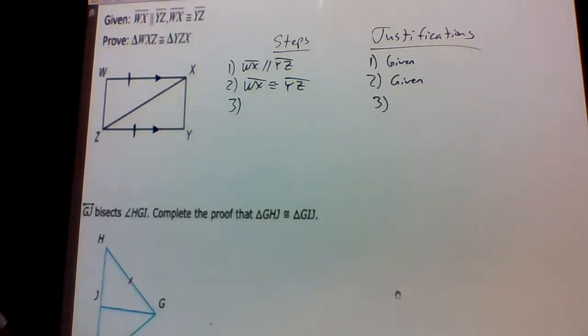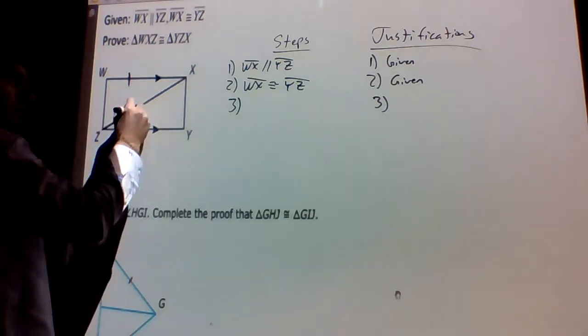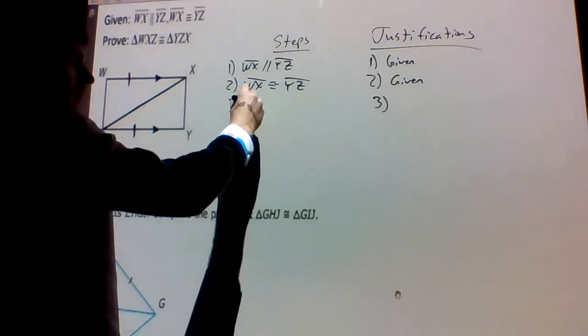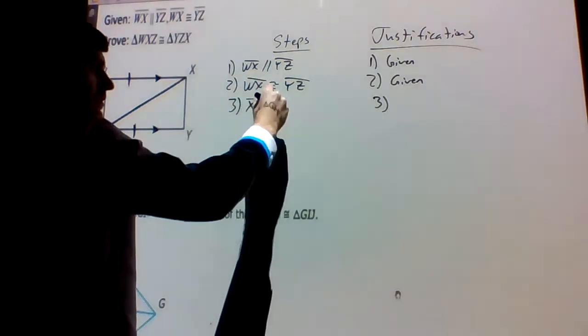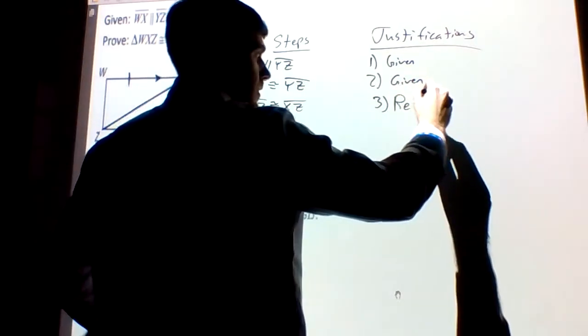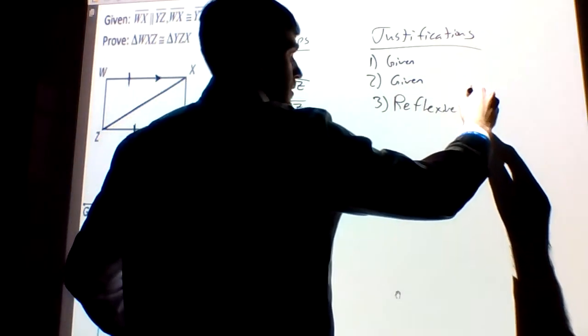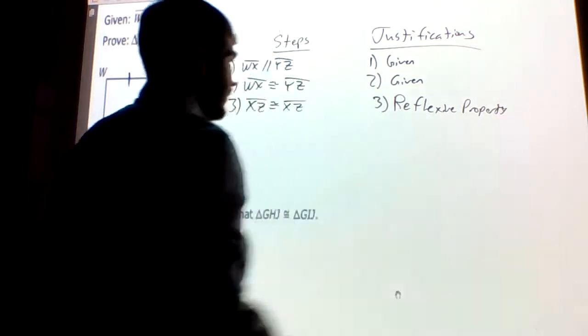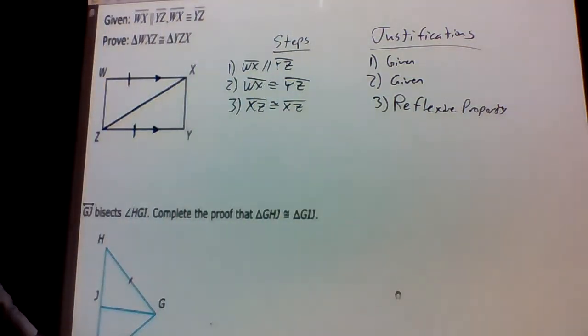Step 1 in the process, write the givens. Step 2 in the process is to look for shared sides or vertical angles. We notice we do have a shared side, XZ. So we know XZ is congruent to XZ by the reflexive property. You could have also said XZ is congruent to ZX by the symmetric property.